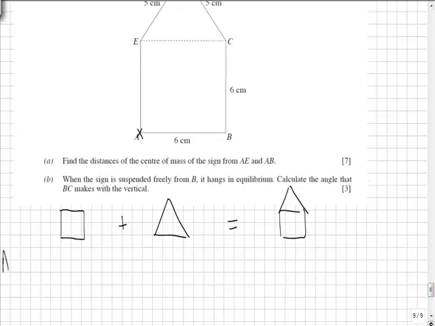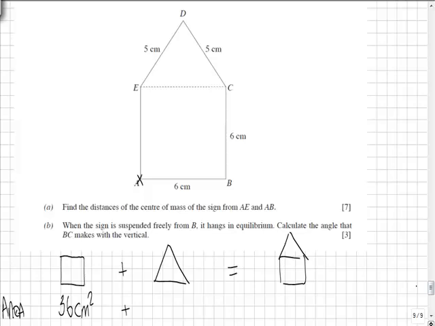The area of the square, we can see, well, it's 6 by 6, so 6 times 6 is 36 centimeters squared. The triangle, a little bit more tricky. We can see we've got the two sloping sides and we've got the base of 6.